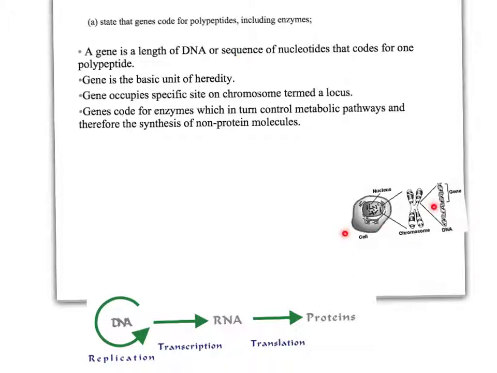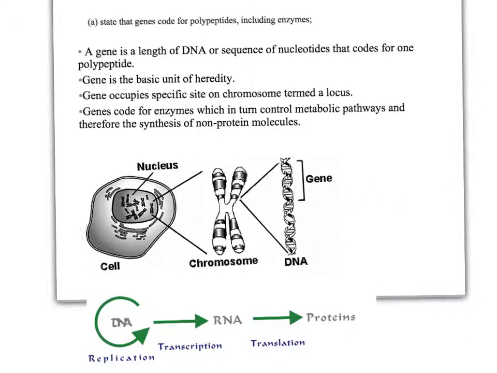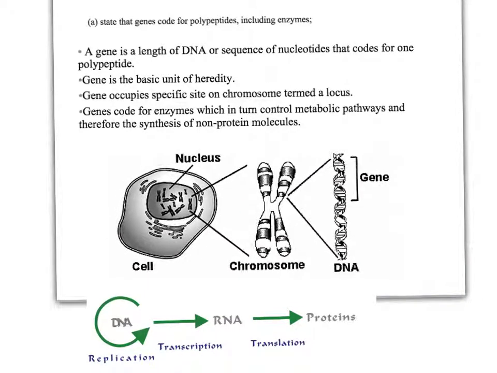If I was to look at the idea of a gene on this diagram here, what we see is that a gene is a length of DNA or a sequence of nucleotides, and this is best shown when the cell is just about to divide, as we know from the work you have done with Mrs. Cox.